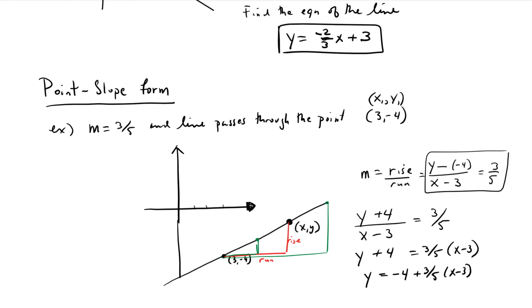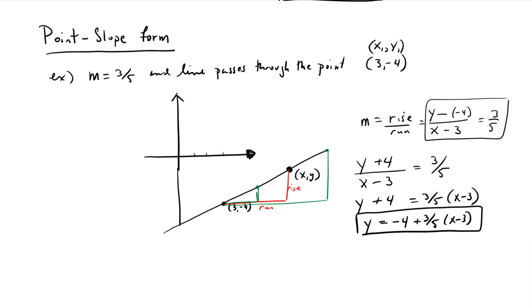Now let's look at the numbers we get here. So this is actually the equation of our line, but it's in a different form than mx plus b, okay? But where's the 4 coming from? Hey, that's the y coordinate of our given point. 3/5, that's our slope. And what's 3? That's the x coordinate of our given point.